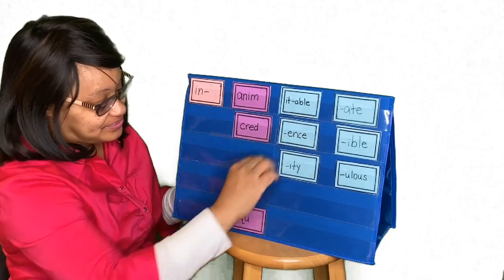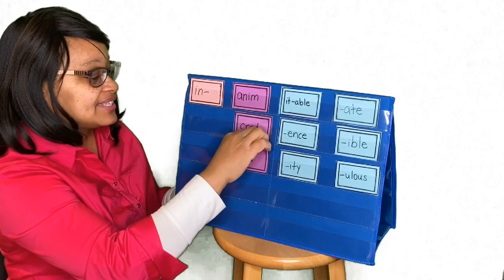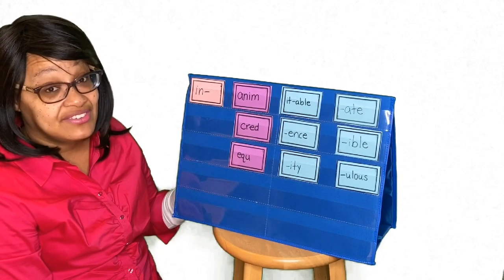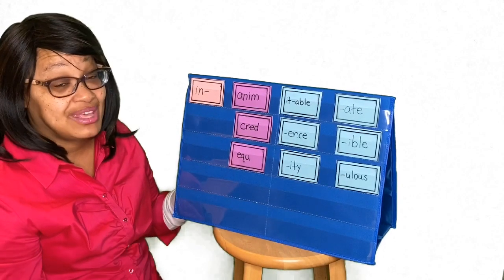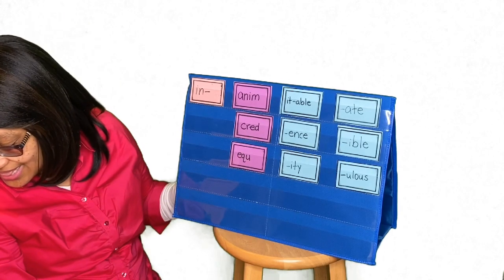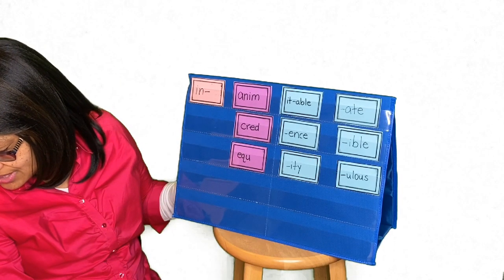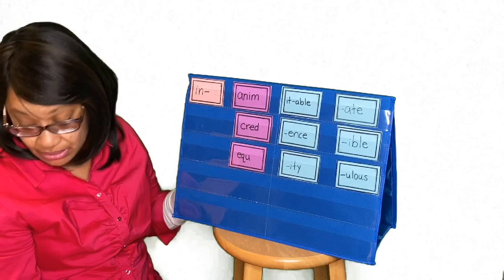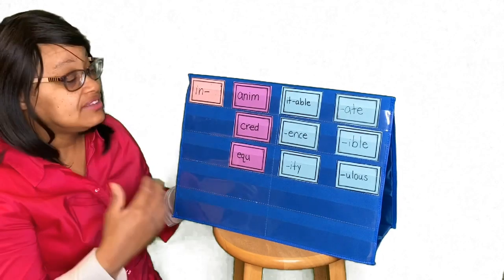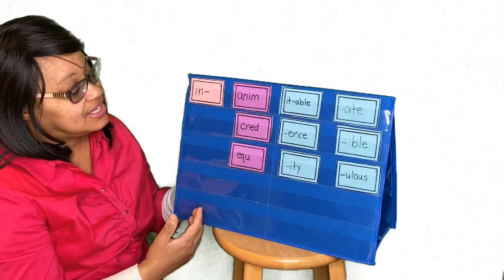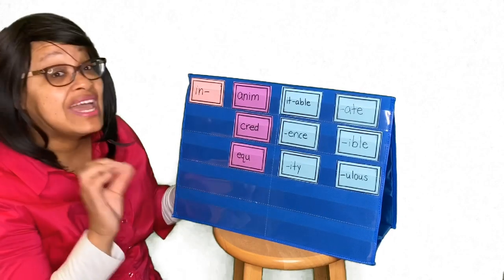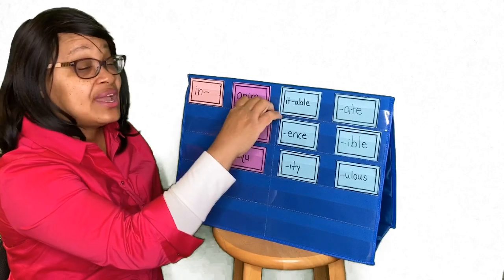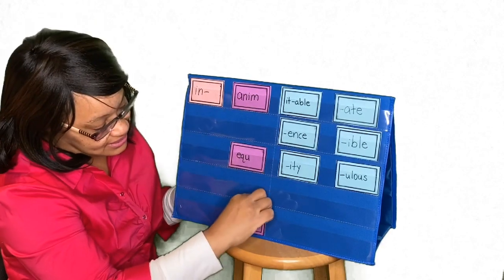All right. So now we've done some practice with each of our roots. Now I'll give you a definition and let's see if you can make the word. Let's do believing too readily, or gullible. So if you're believing too readily, then we know that cred means to believe.